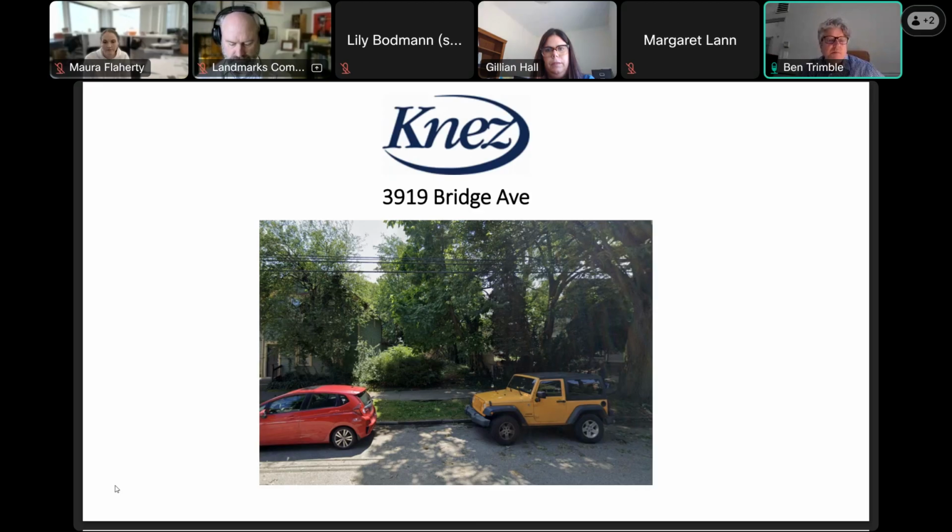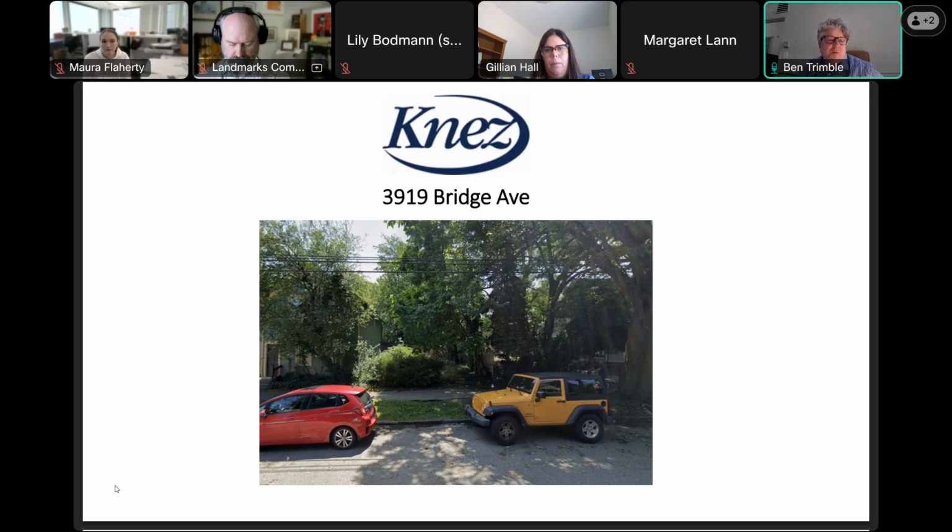And so we sat down a couple weeks ago with Landmark staff just to try to conceptually talk through this issue because there's not room to put a driveway next to it. And we talked through some different options, including having one of those garage doors that's hidden from the street, or possibly almost like a carriage house.